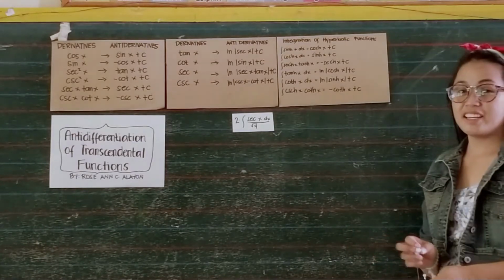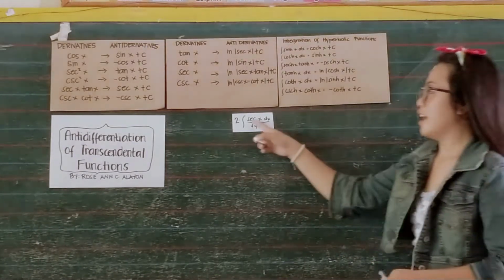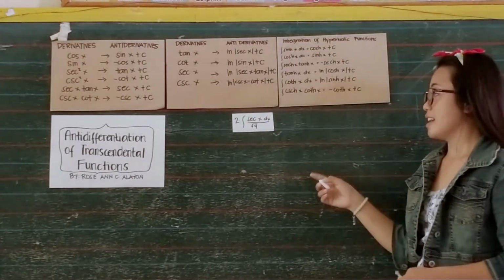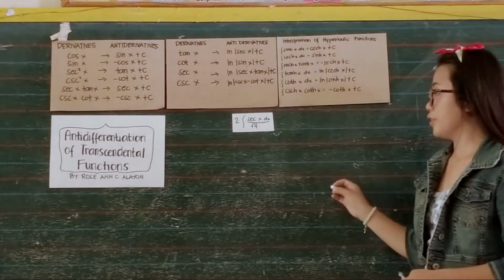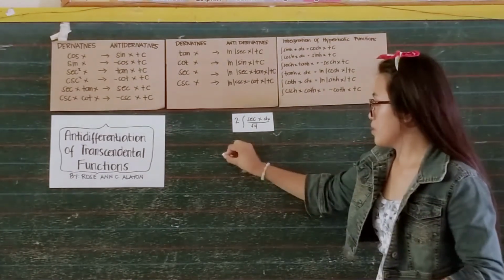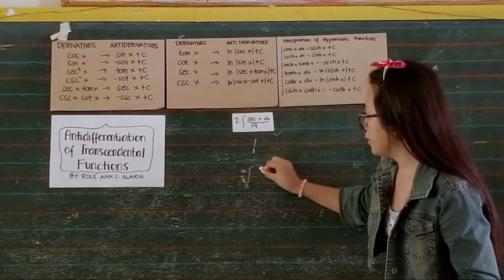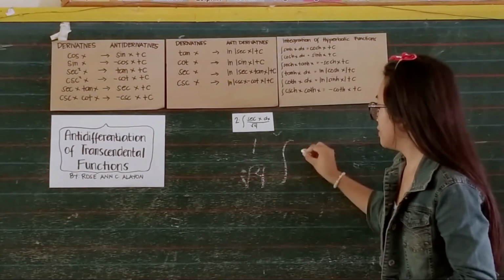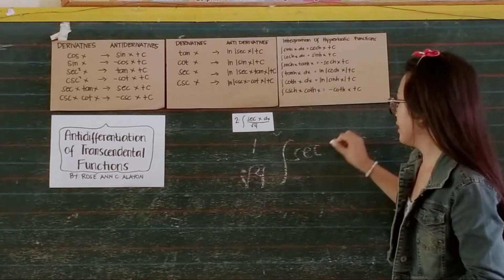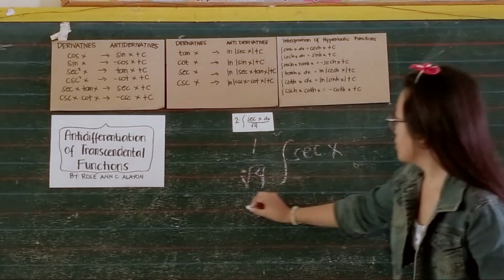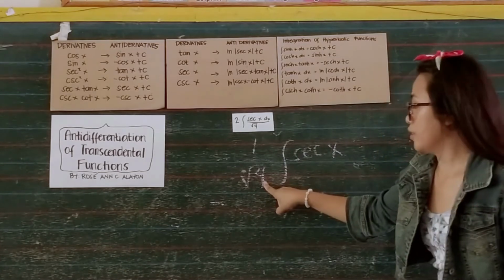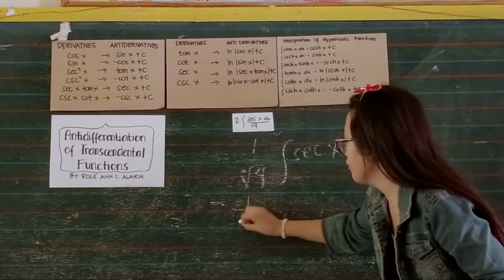So our second problem is the antiderivative of sec x dx over the square root of 4. It is also equal to 1 over the square root of 4 times the antiderivative of sec x dx. The square root of 4 is 2, so 1/2.